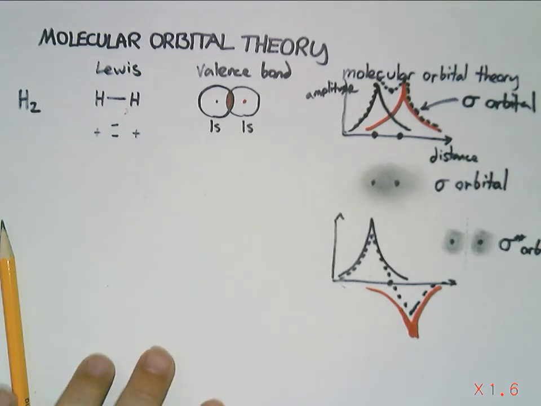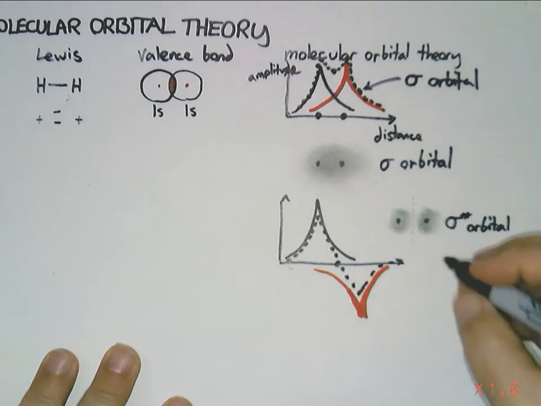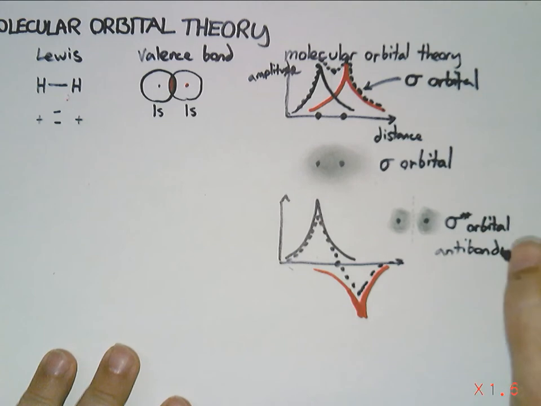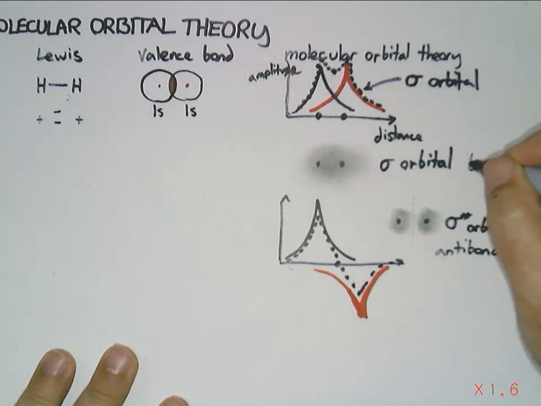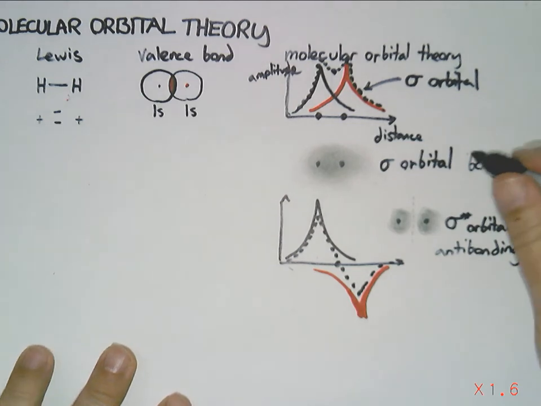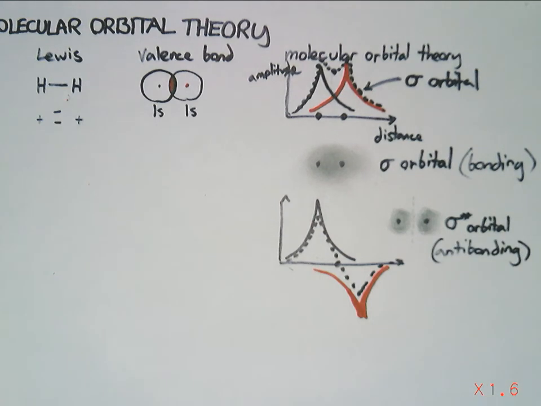So this sigma star orbital that I have here is going to be anti-bonding. This one is bonding. And the sigma orbital is always bonding, and the sigma star orbital is always anti-bonding.